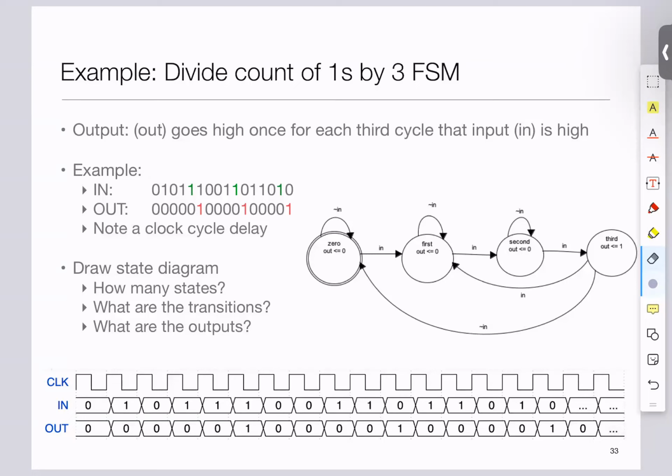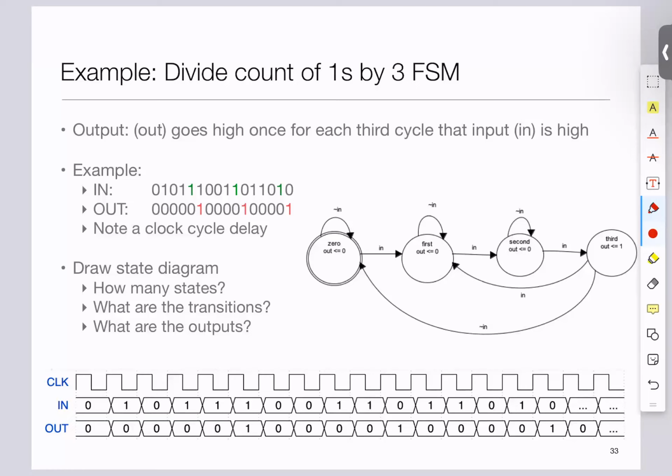I want to create a finite state machine which does the following. Its output goes high for each third cycle that the input is high. Okay, so what I mean by that is if I get 1, 1, 1, then output is high.